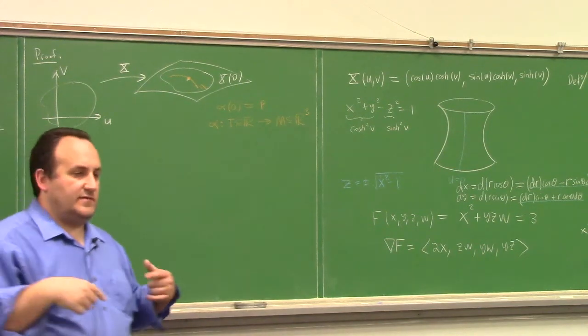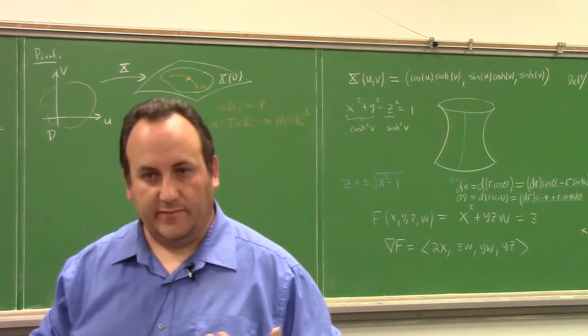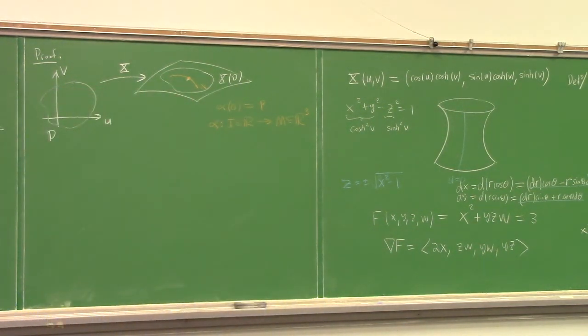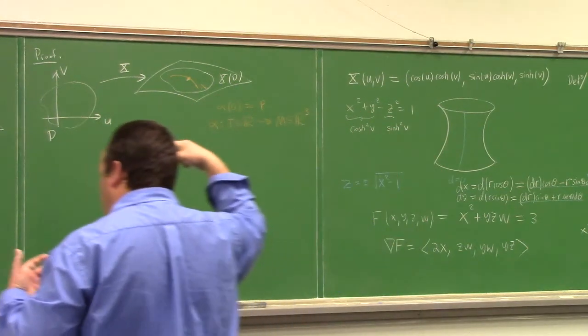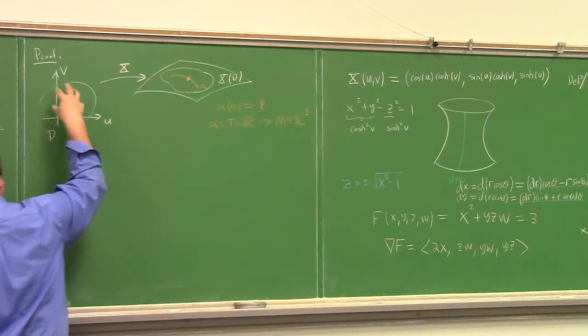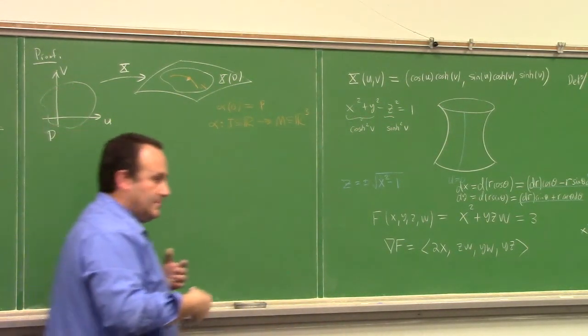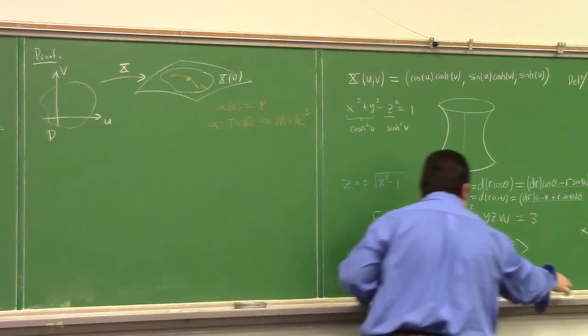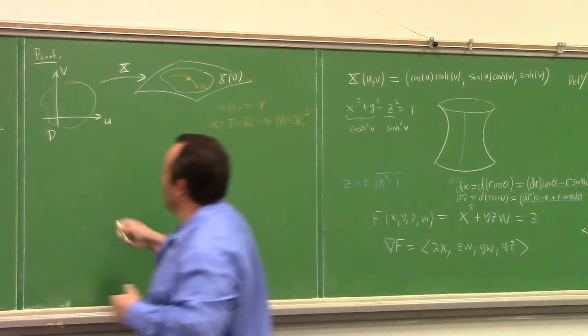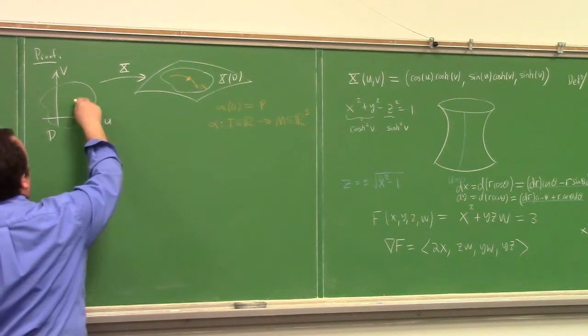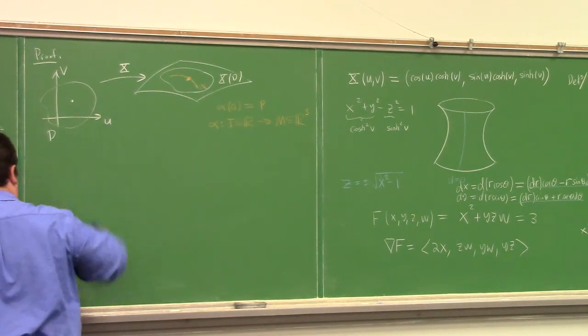But the thing is, the patch is invertible, so we can track back that curve to a corresponding curve over here in R2. Something came from over here.